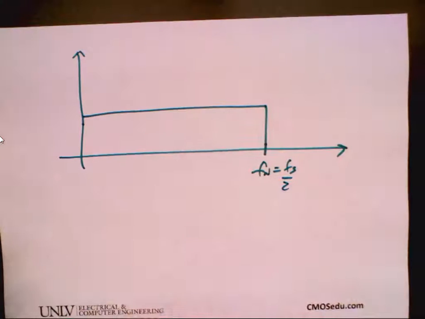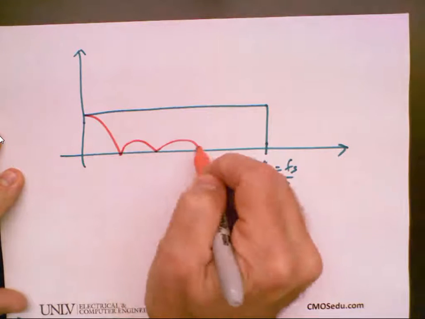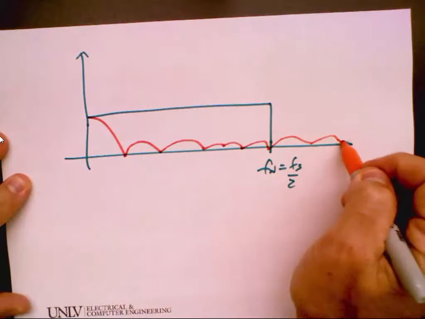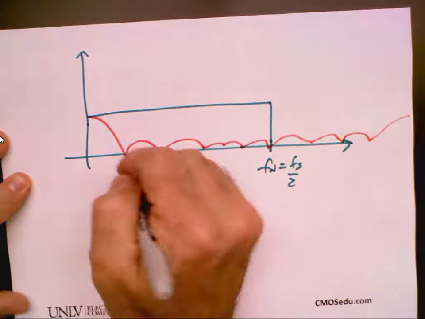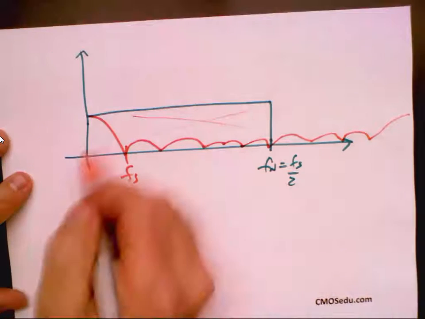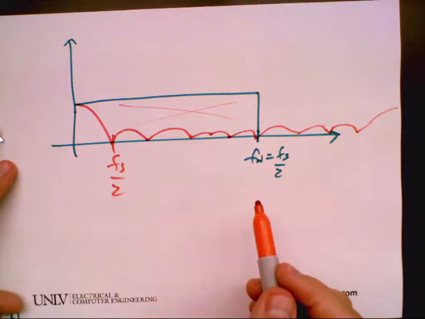We run it through the filter, which does the following. And so this is F sub S over K when we do our averaging, so it removes all of this quantization noise.